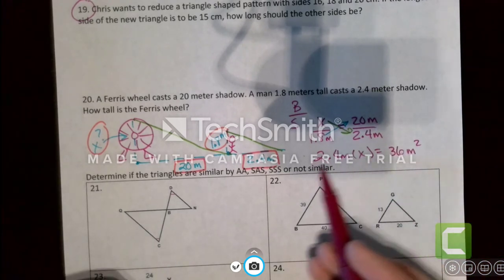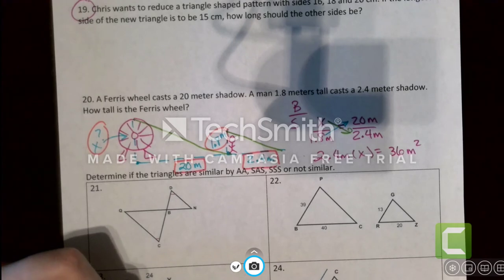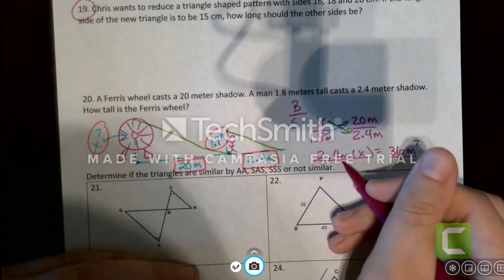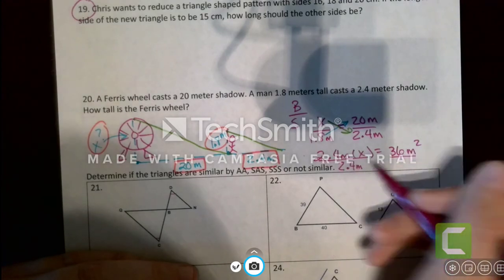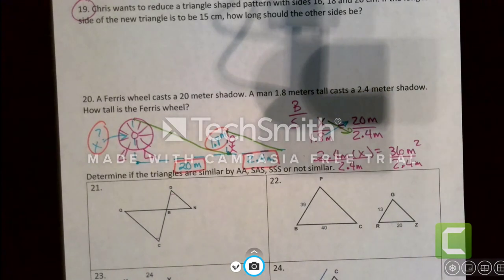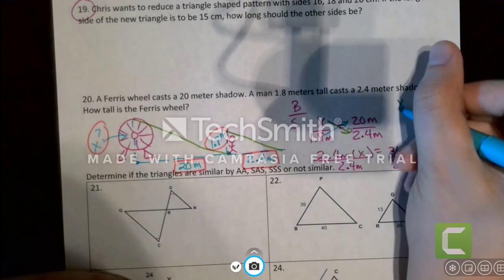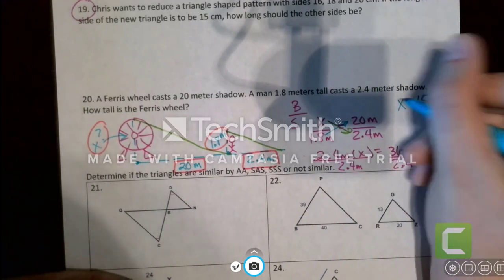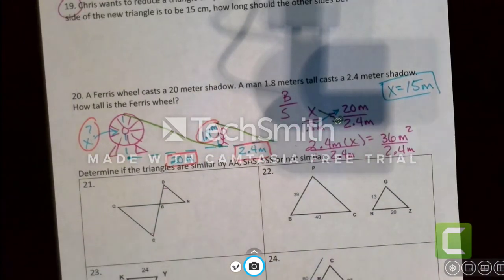Now we need to get rid of this 2.4 meters being multiplied to my variable. Divide both sides by 2.4 meters, and we can say that 36 divided by 2.4 gets you a value of about 15. So your value of the height should be 15 meters.